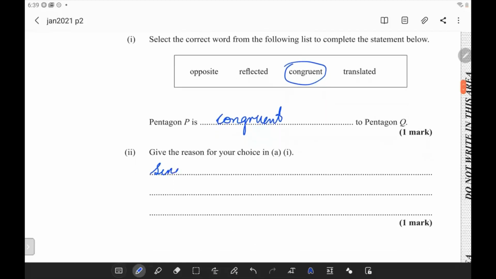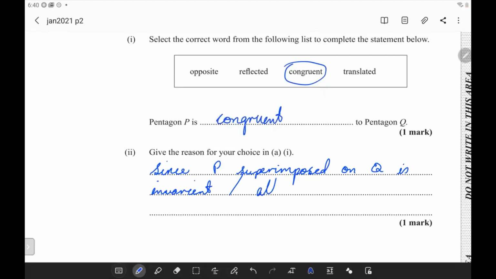Since P superimposed on Q, well, we cannot tell the difference, so I could say it is invariant. Or you could say that all their sides are equal and they are the same shape.